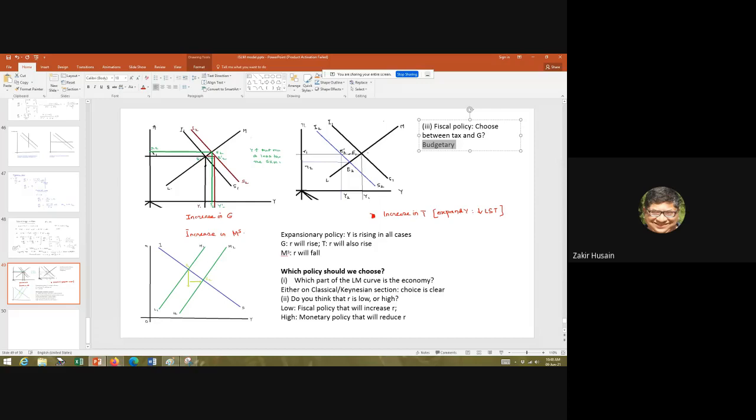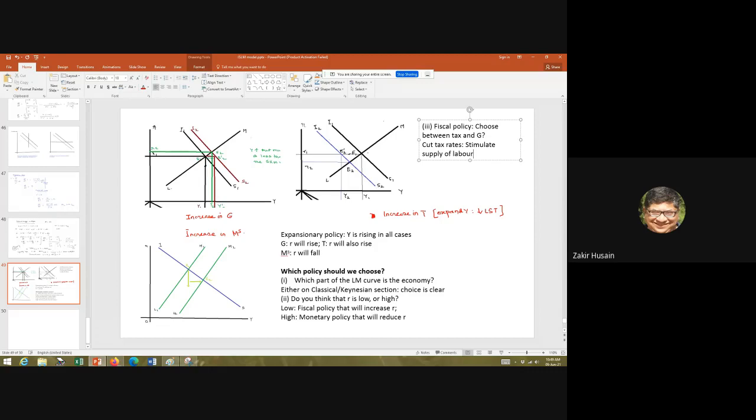Let's see. If you cut tax rates, this should stimulate supply of labor, right?